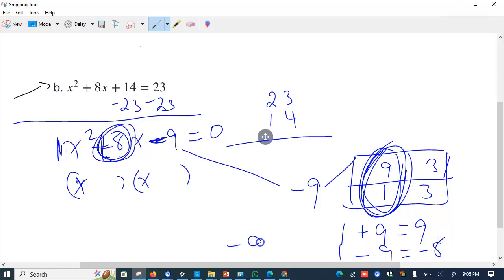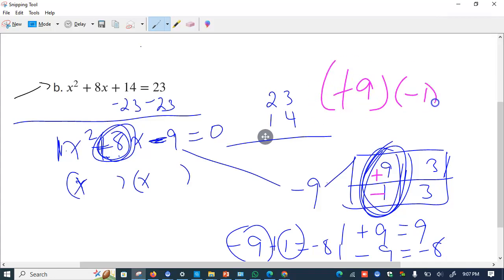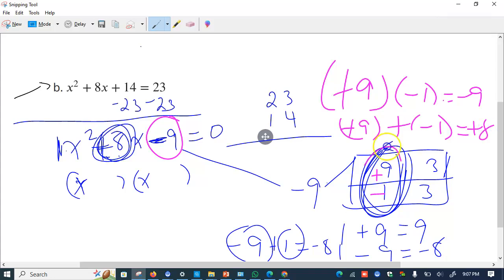But if you write minus 9 and plus 1, you get minus 8. So the better option is to use plus 9 and minus 1. Now plus 9 multiplied by minus 1 gives minus 9, which is right here. And plus 9 together with minus 1, you get plus 8. So this is the best bet. So you use plus 9 and minus 1.